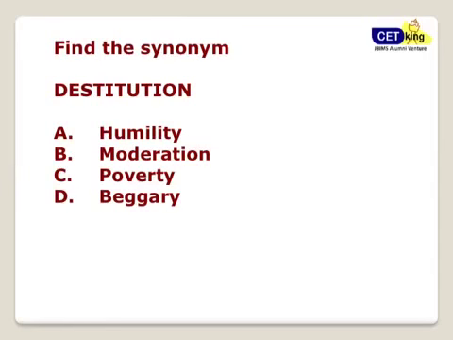Moderation, poverty, beggar, none of the options match. Destitution is basically poverty. Again, these words are very simple. If you have done your vocab up to some level, you won't have a problem in these questions. But this is my way to give you the idea that these are the words you have to take care of.